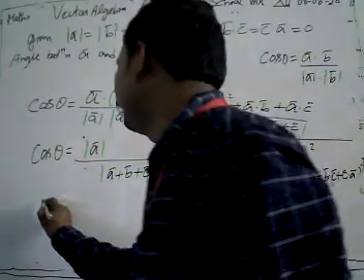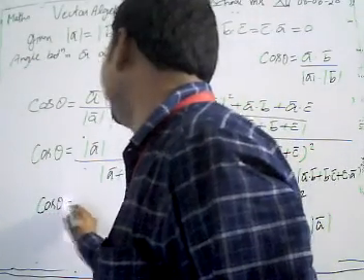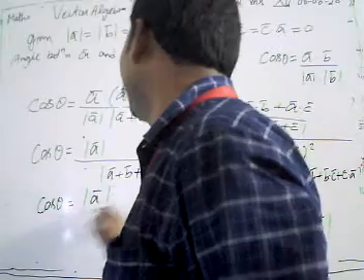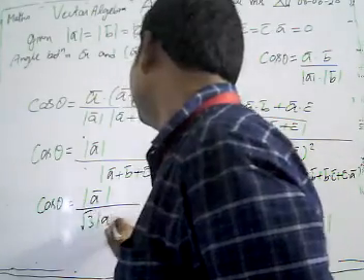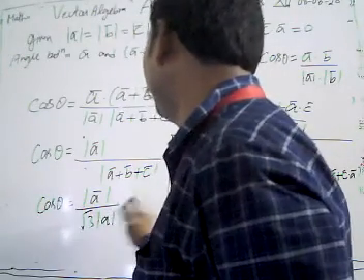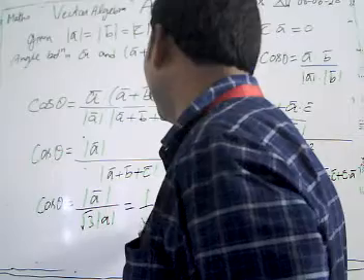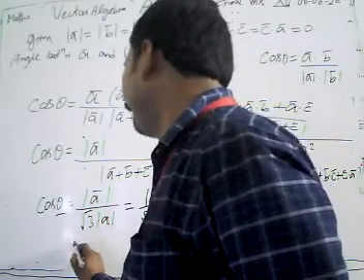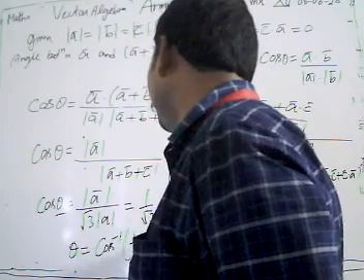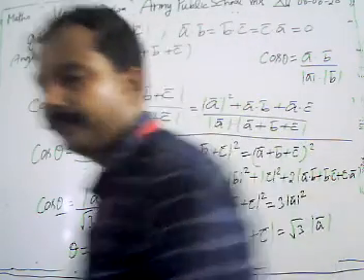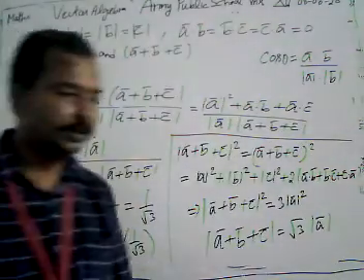Then our cos theta is given by magnitude of A over under root 3 times magnitude of A. After solving it, we get 1 upon root 3. From here the value of theta is cos inverse 1 upon root 3.